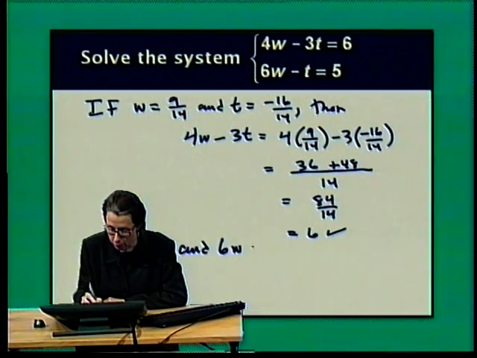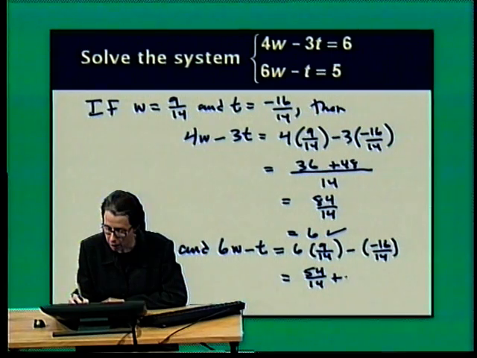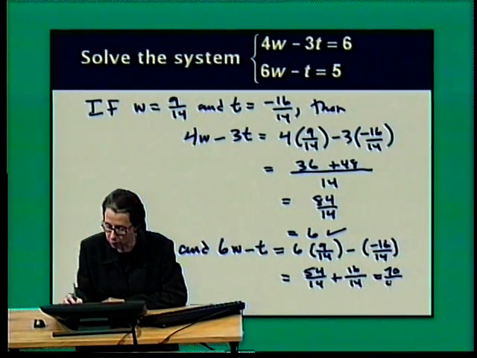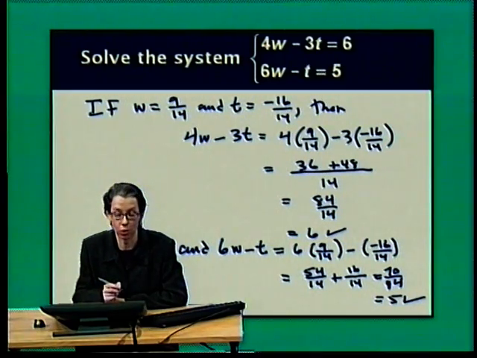Let me check the proposed solution in the second equation. So I have 6w minus t, that's 6 times 9/14 minus negative 16/14, which is 54/14 plus 16/14, which is 70/14, which is indeed 5. So my solution checks. Now I can state the solution to the system.